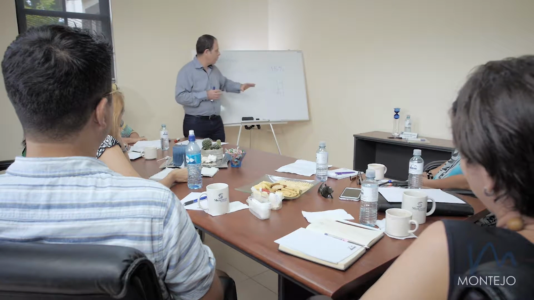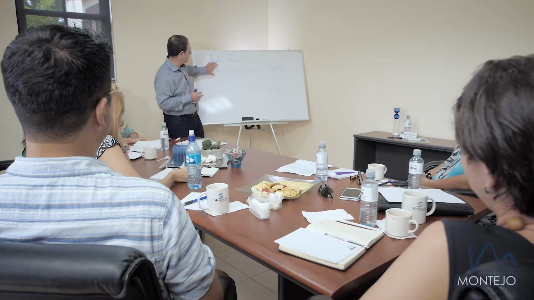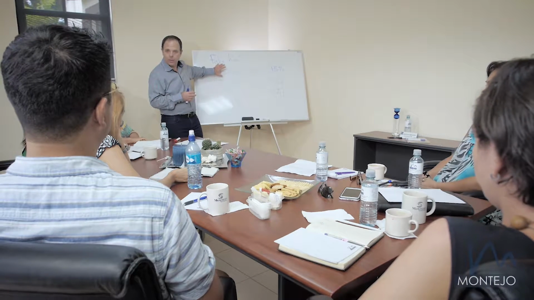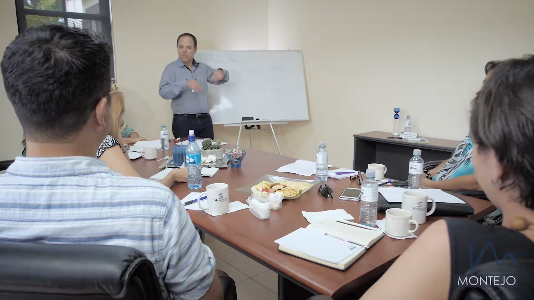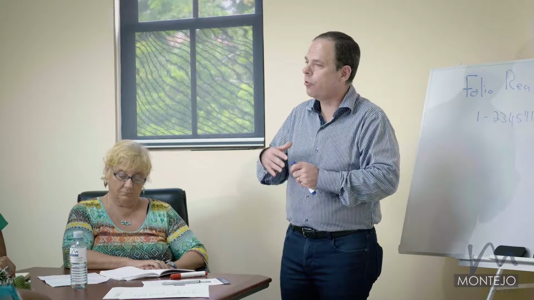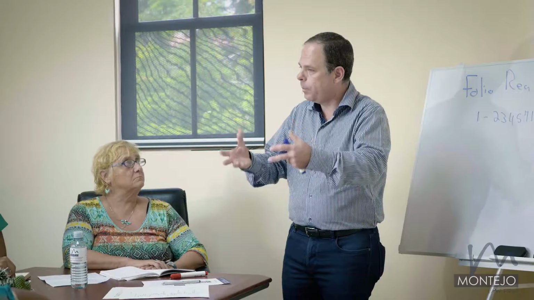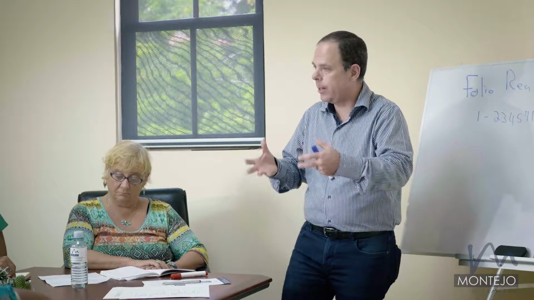Now, to create a condominium, it's a little bit more complicated because we need to take one titled property like this one, and with this specific law and in front of a notary public, we need to create a new land that is called the matrix.